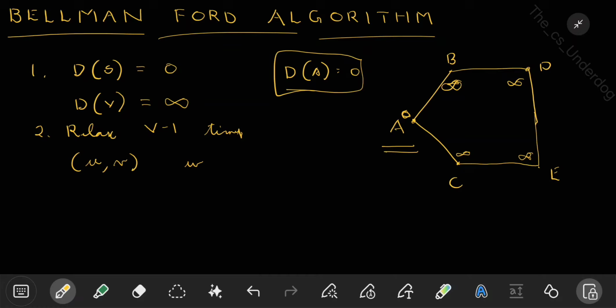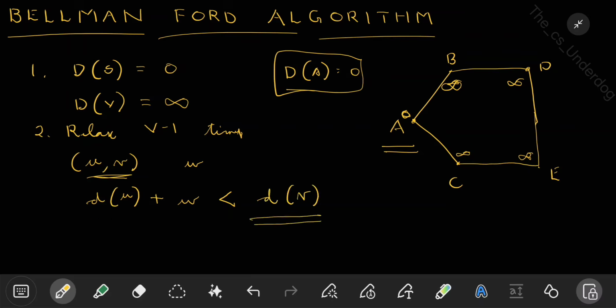In order to do that, I will check whether the distance to u is already existing. So whether the distance to u plus the weight of this edge uv, weight is w, is less than distance to v. What does this mean?